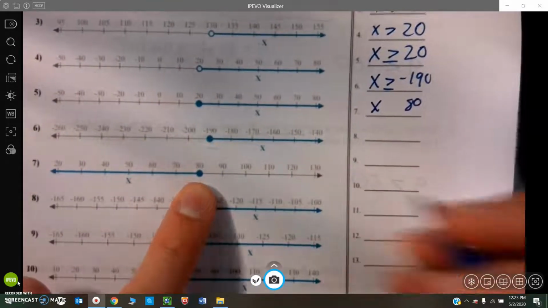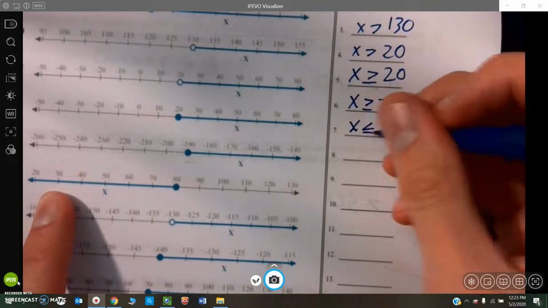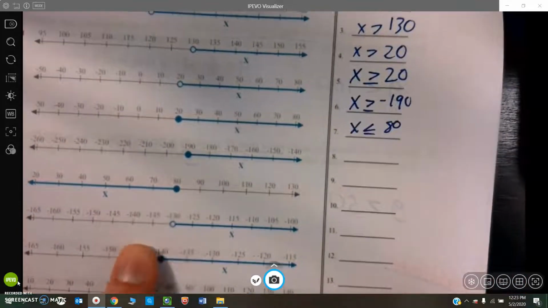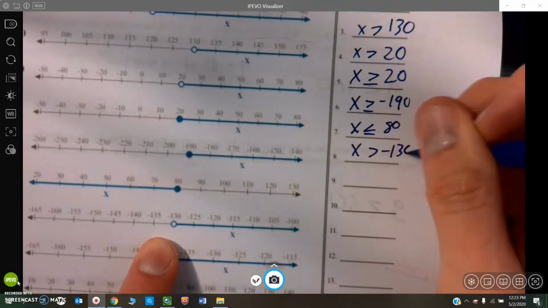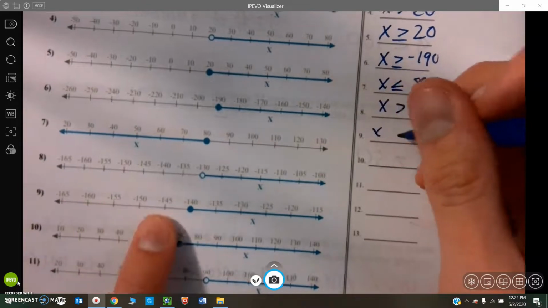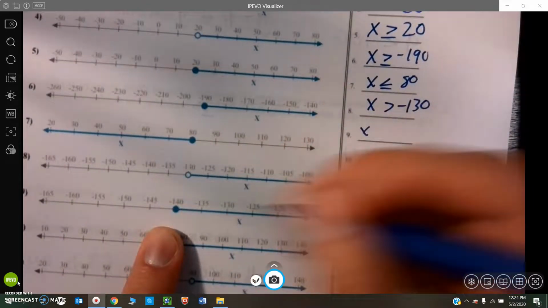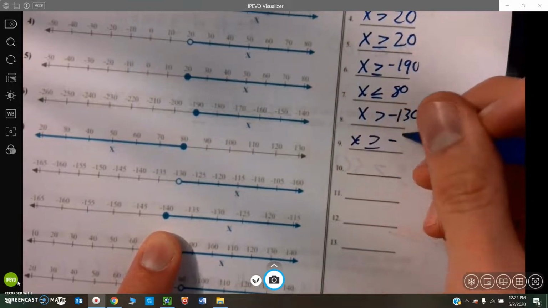Left is less, we're counting down, 70, 60, 50, 40, 30, 20. So x is less than or equal to 80. X is greater than negative 130, starts there and gets larger. Number 9, x is going to the right, getting closer to the positives, must be greater than or equal to negative 140.